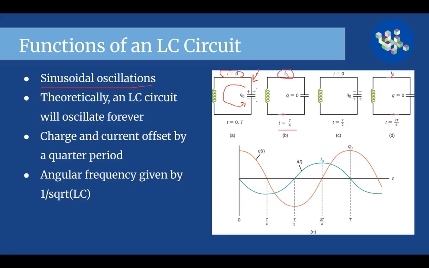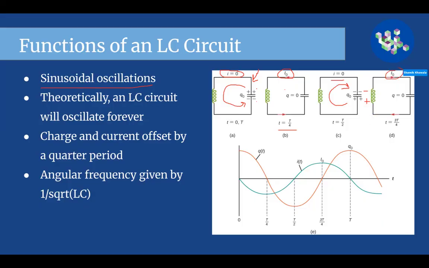From this step, the current will become zero, and the charge will flip. Now this side will be negative and this side will be positive. Because of this, we'll get a current going clockwise, since it goes from positive to negative.